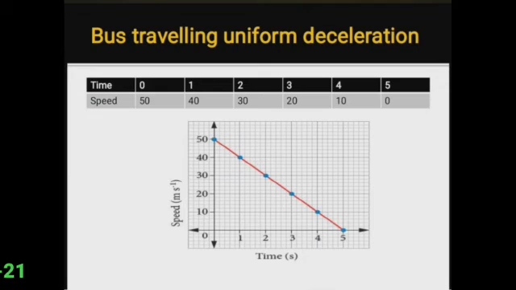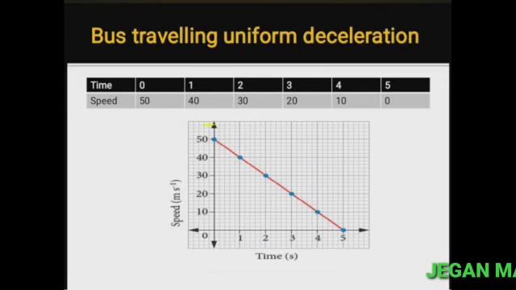Then bus traveling with uniform deceleration. So we know that what is deceleration? Negative acceleration. So here at time 0 second the speed of the bus is 50 meter per second. Then for 1 second it decreases to 40. Then for 2 second again it decreases by 10, 30.